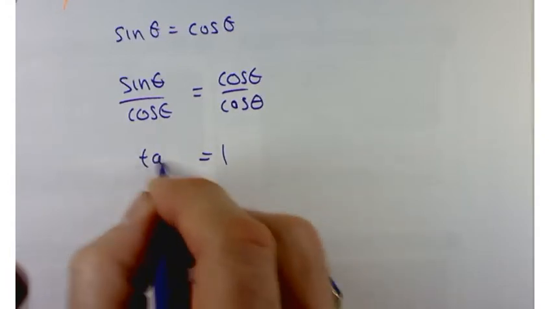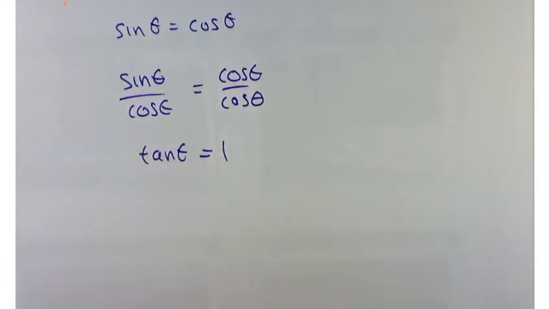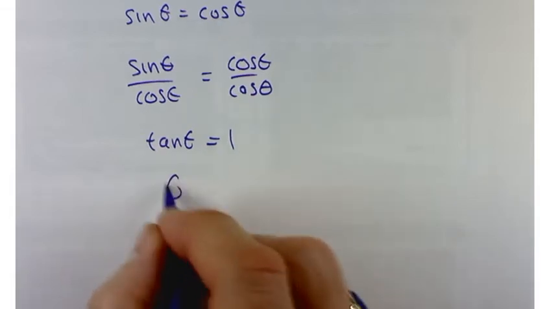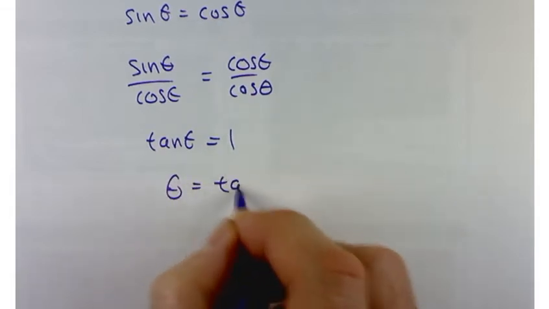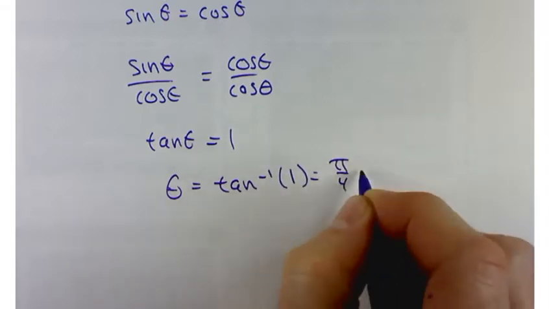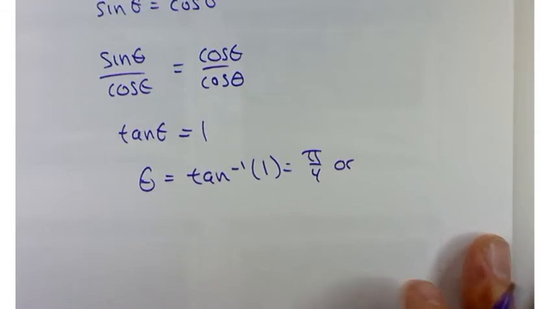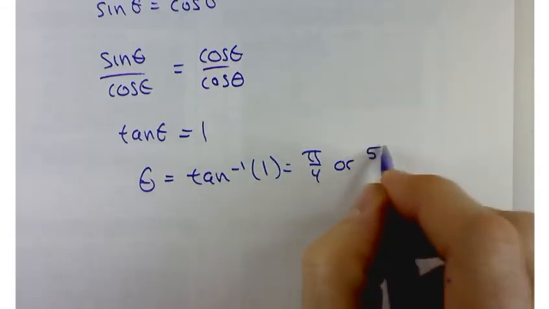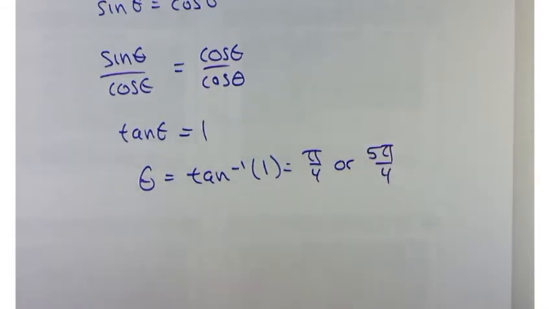On the left-hand side, you get a tangent. Does anyone remember where the tangent of theta is equal to 1? Yep. Good job. Pi over 4, or pi away from that would be 5 pi over 4. So there's two places, pi over 4 and 5 pi over 4.